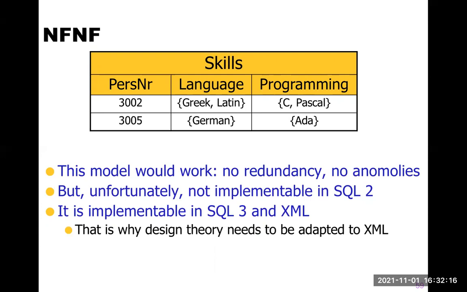SQL of some versions can't implement that, but yes, it's implementable in any database using just strings to store languages. I may keep this list in a string and then parse it manually, but such columns can't be used in queries efficiently. I can't use them as a foreign key, so I can't restrict them.